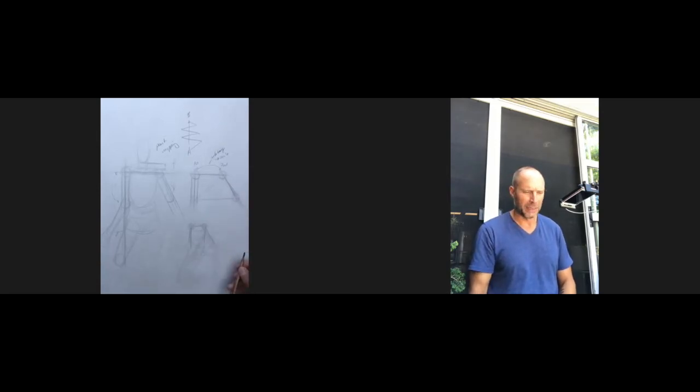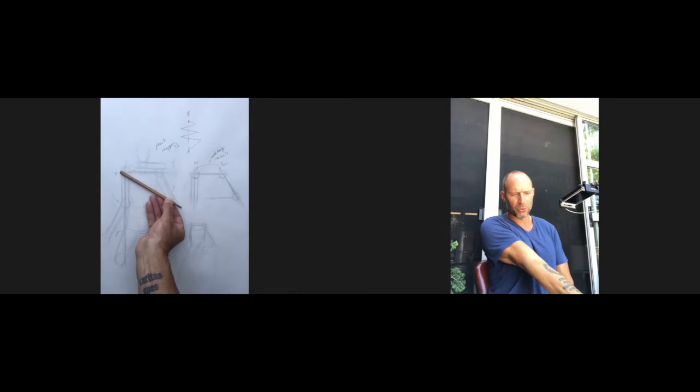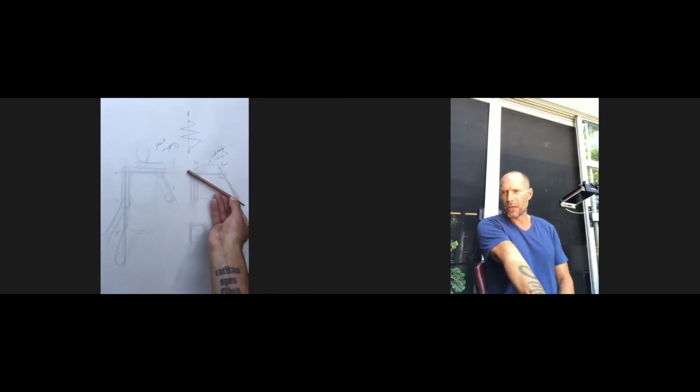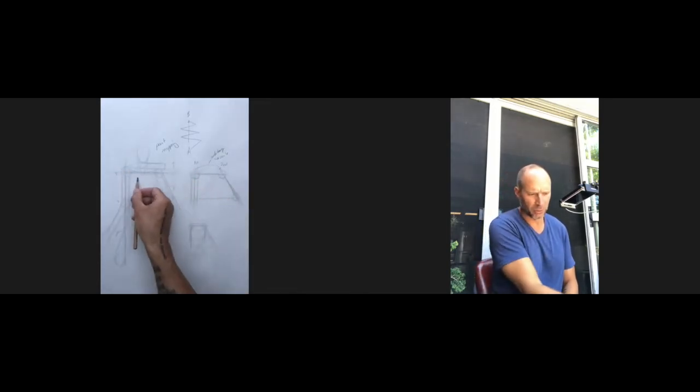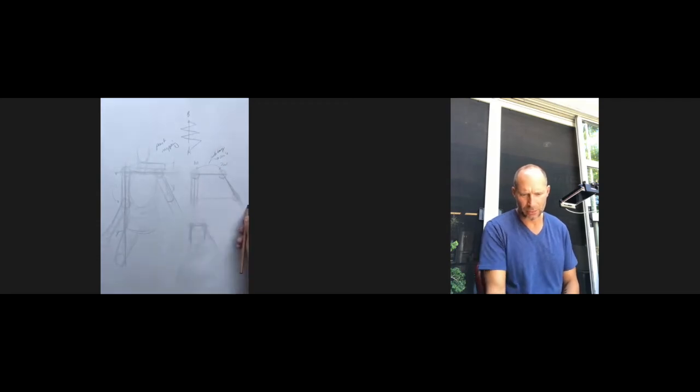If I wanted to be really accurate about it, I could take another angle from this shoulder to this elbow, and if I've got three measurements that agree and tell me the position of that thing, I know that I'm probably on the right track.